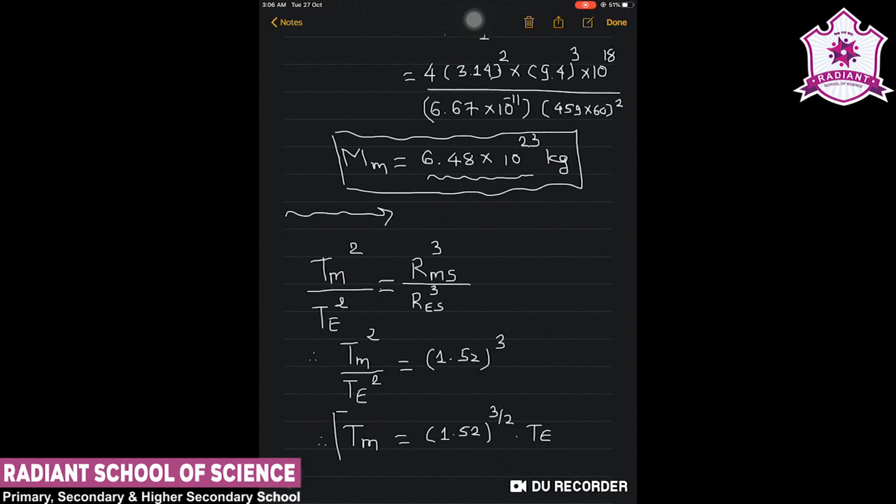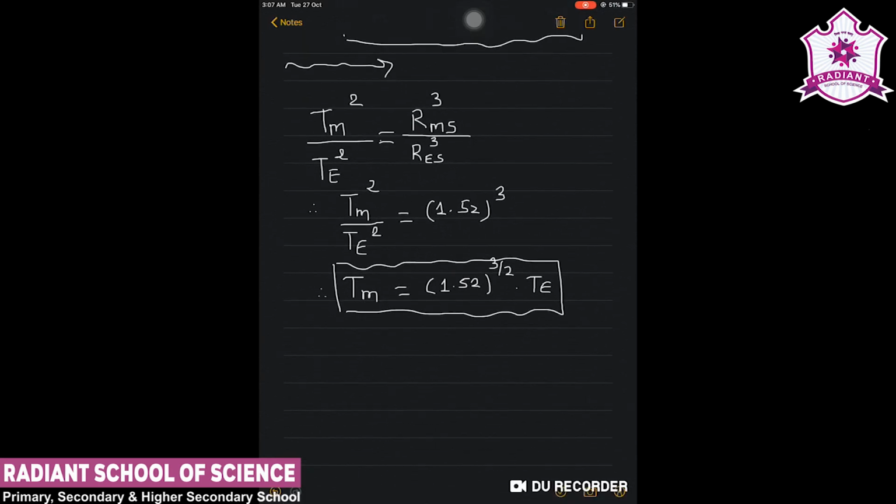Now when we put in the values for Earth, the periodic time of Earth about the Sun is about 365 days, so it will be 1.52 raised to 3 by 2 into 365 days, and this answer is almost equal to 684 days.